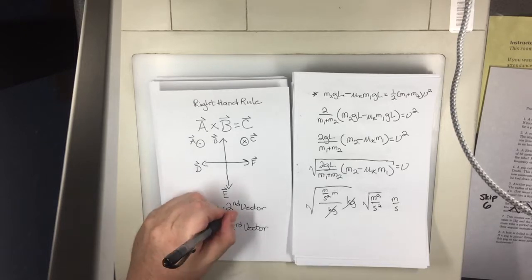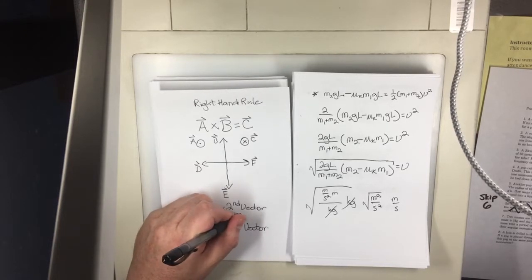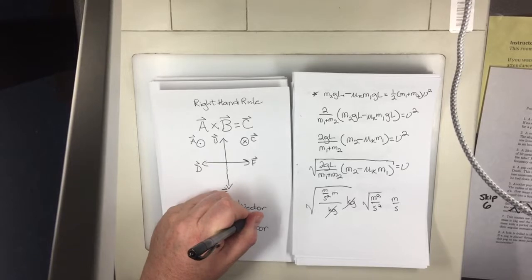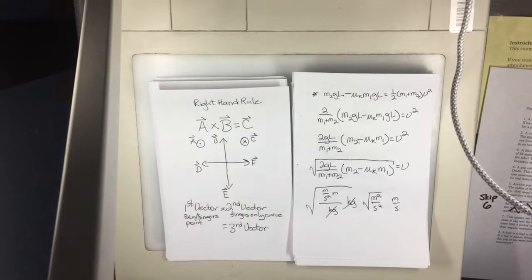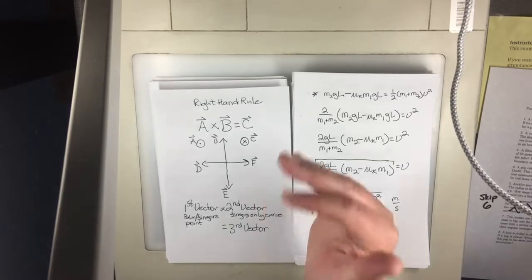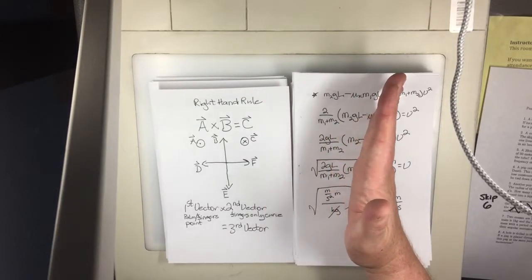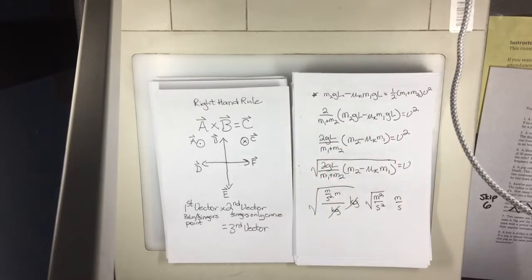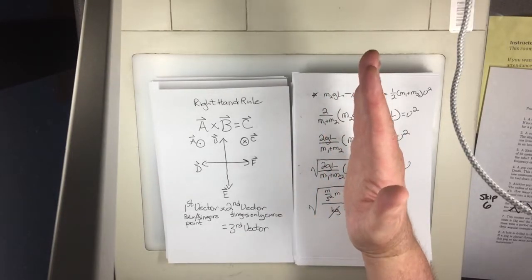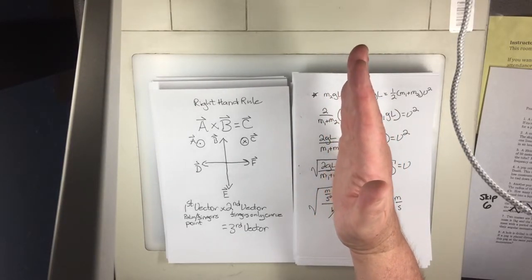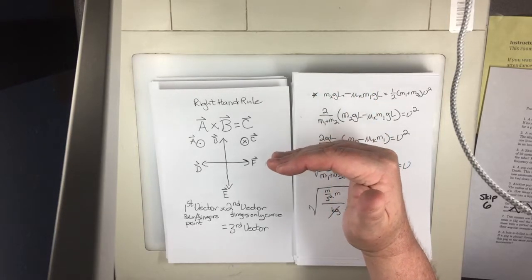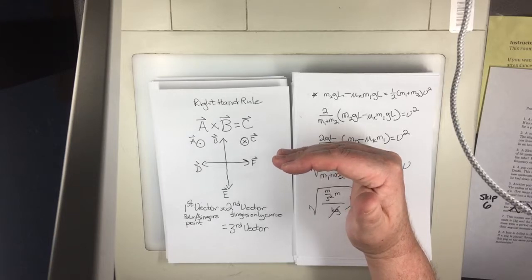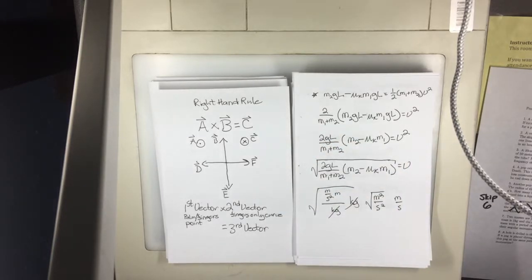The second vector, fingers only curve in that direction. So on the camera, first vector, let's say second vector was that way. First vector, palm, fingers, and forearm are all in a line. And then when I curve, only my fingers bend. So first vector, second vector.